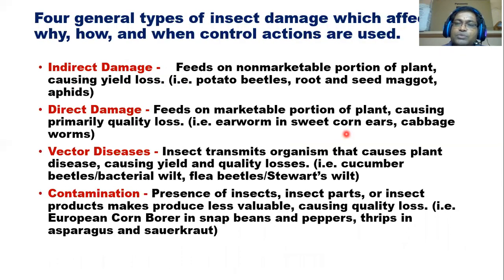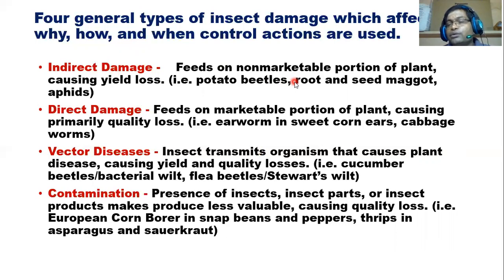I will study that. So before that, you have to know how these insects cause damage, because integrated pest management is a decision making process now. They cause economic damage in 4 ways. The first one is indirect damage. Indirect damage means they do not attack the economically important part.